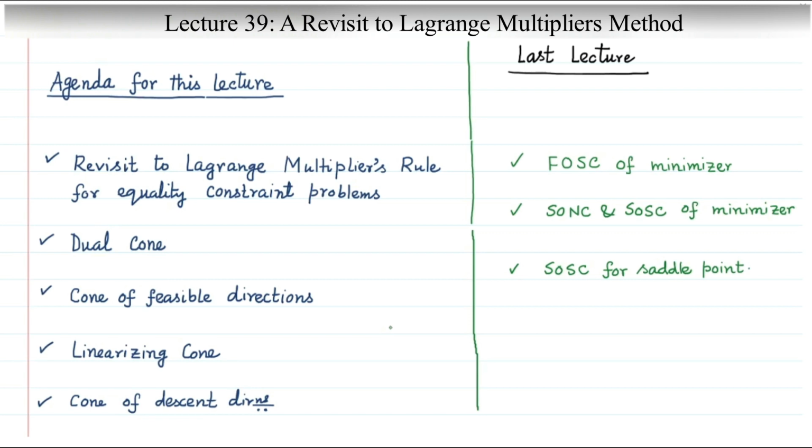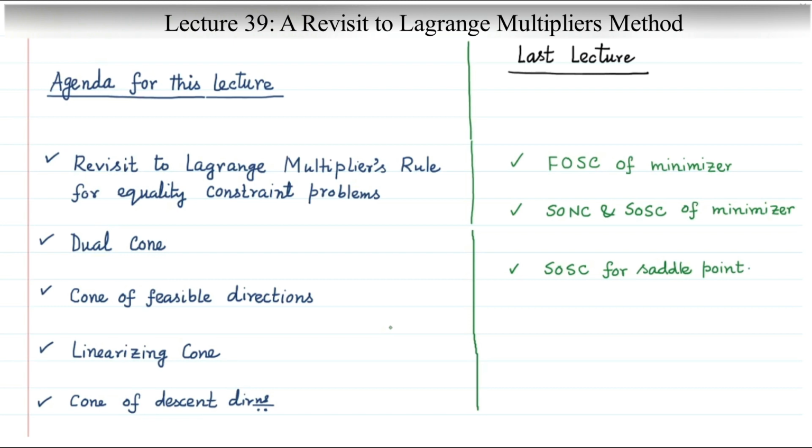In today's class, out of these 5 cones, we will discuss 4 particular types of cones, and depending on these, we will try to find a geometric optimality condition for a constraint optimization problem. We will find that this geometric optimality condition, depending on the first four cones, is a little limited.